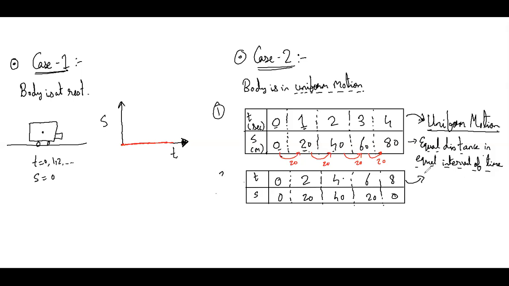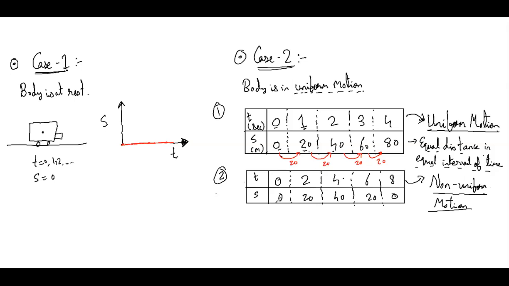Now the second example is an example of non-uniform motion. What do you mean by non-uniform motion? Here in equal intervals of time, we are covering unequal distances. Anyone has any doubt? Pawan, you have a doubt?